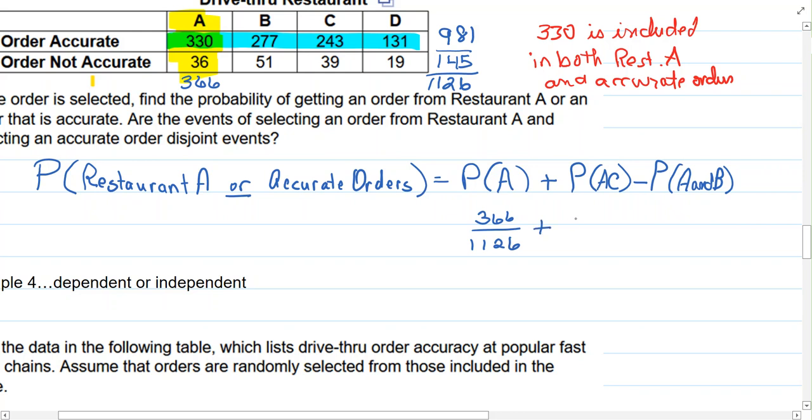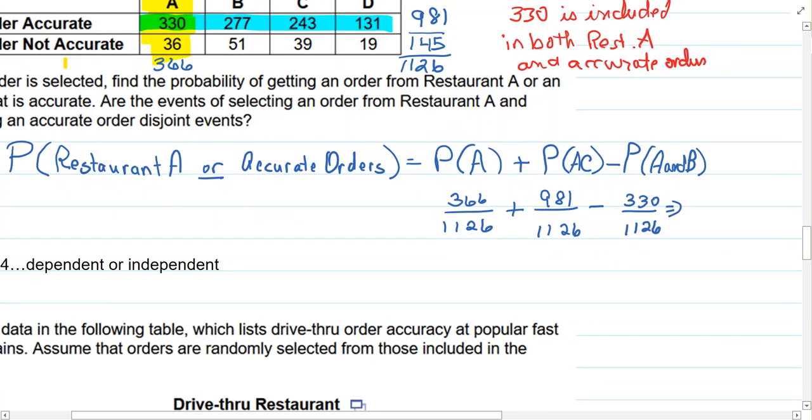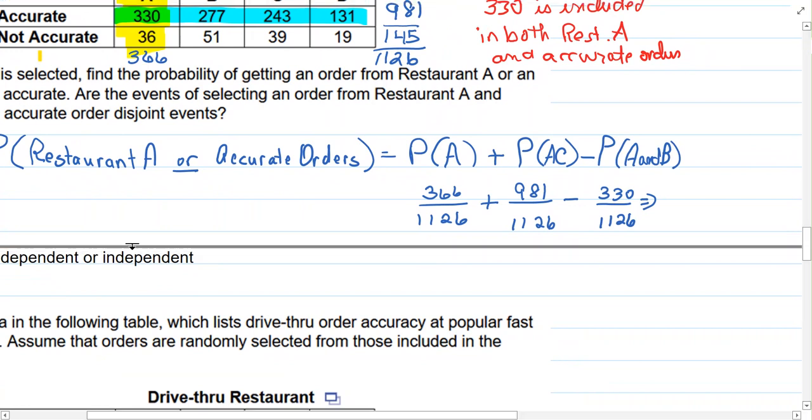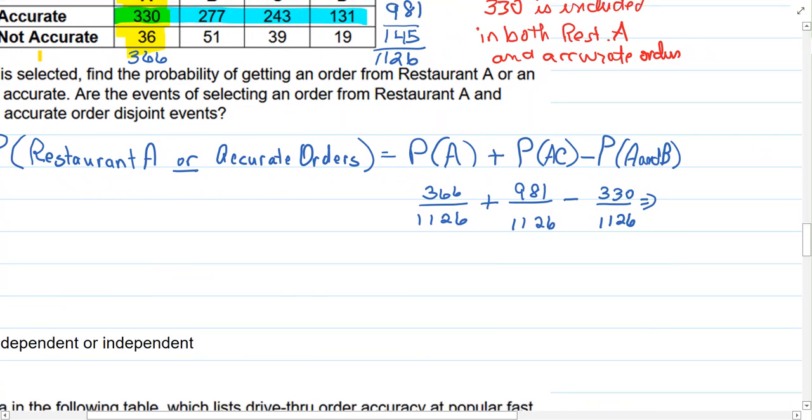And then we have the 981, which are all accurate orders, over the 1126, minus their overlapping of 330 over that 1126. All right. So now that we have that, we can use our calculator and do the math.